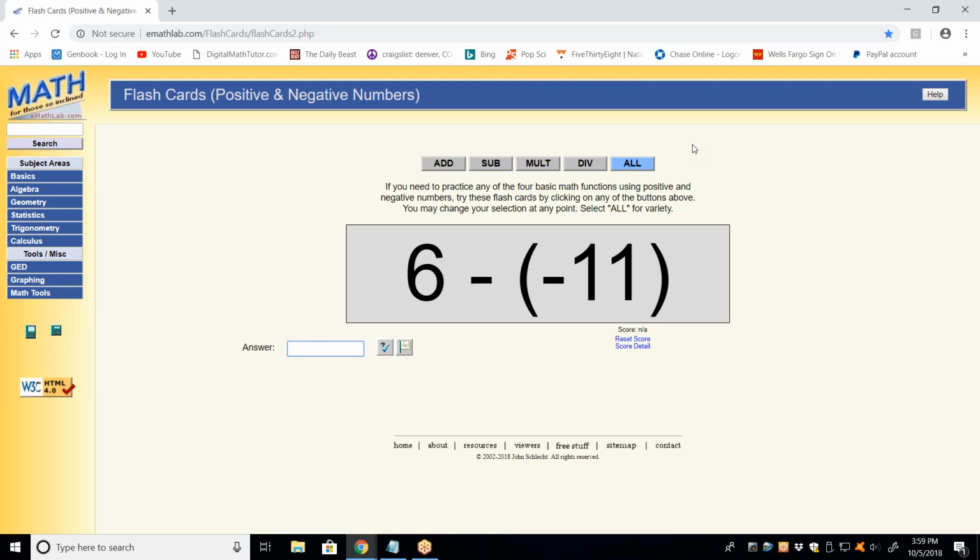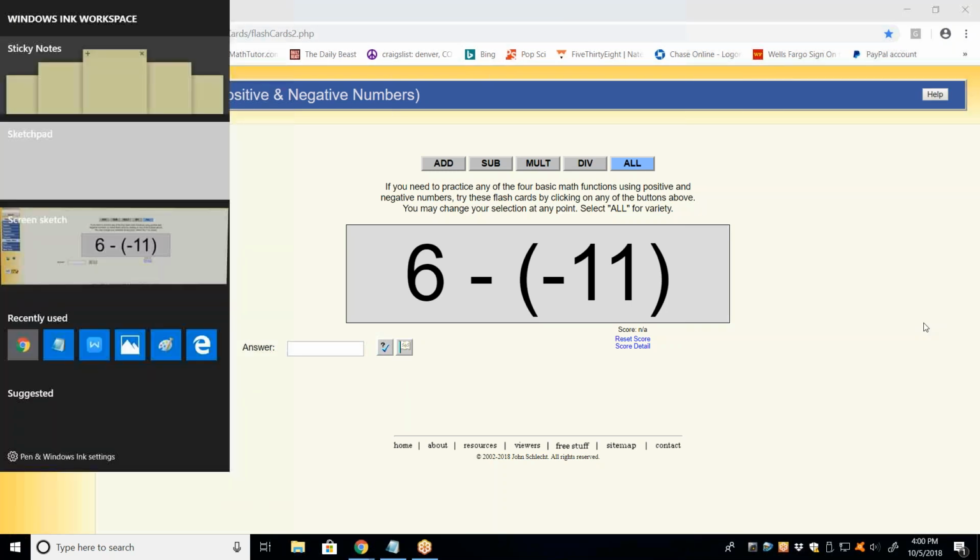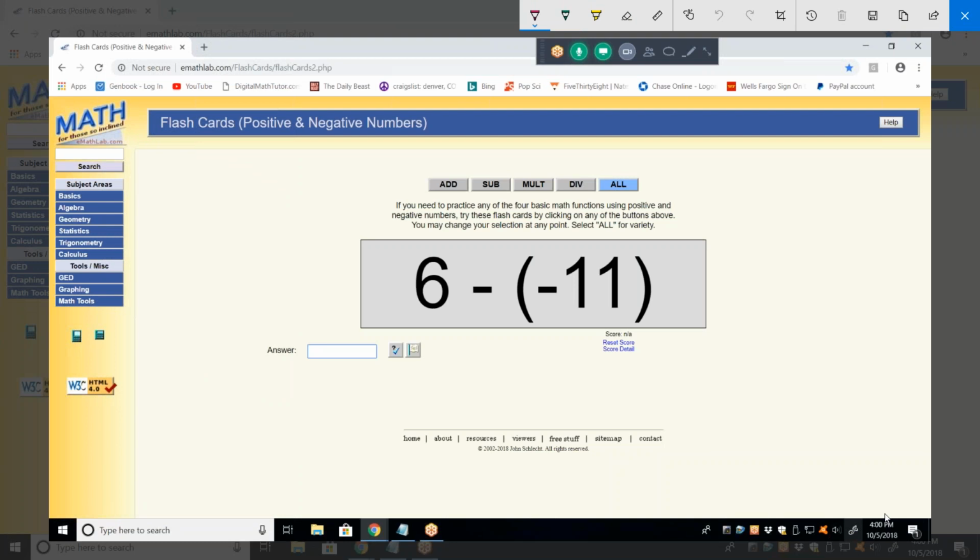Remember how we do these. When you have subtraction, what you're doing is you're changing it to an addition. There's your subtraction sign, correct?